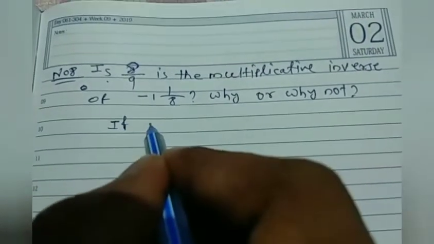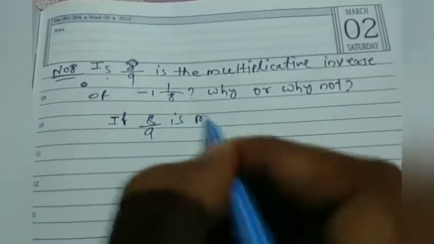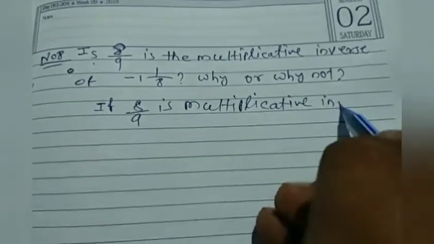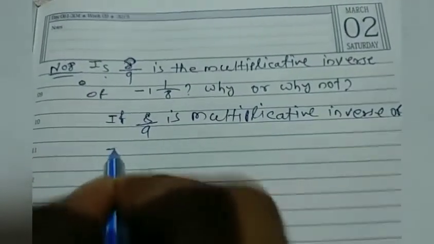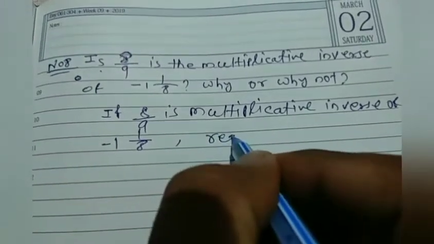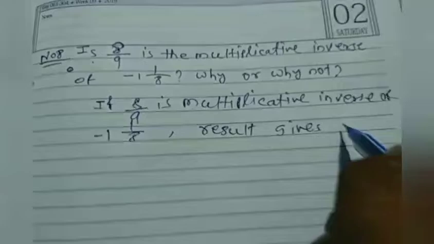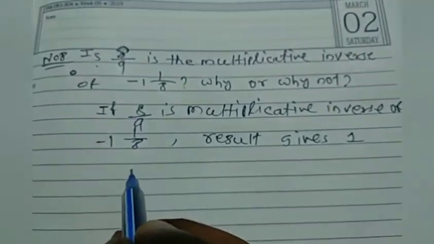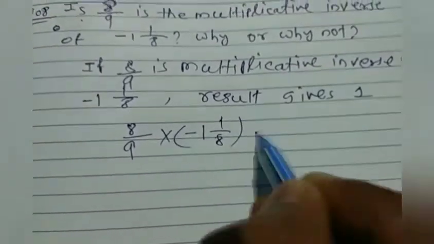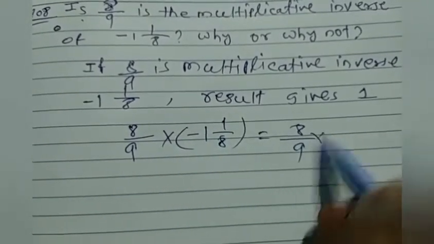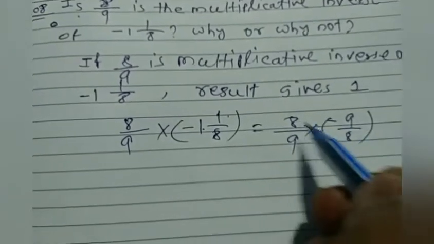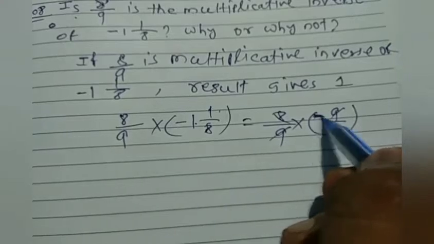So we multiply 8 by 9 into minus 1 whole 1 by 8, which equals 8 by 9 into, 8 1 is 8 plus 1 is 9, minus 9 by 8. 8 8 cancel, 9 9 cancel, here is minus, so result is minus 1.